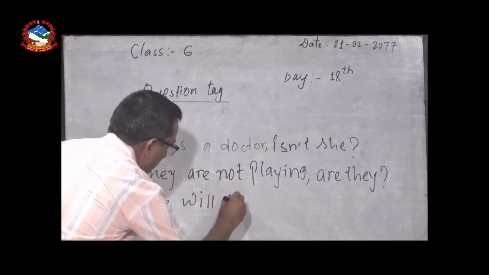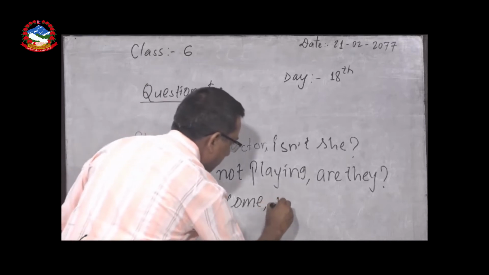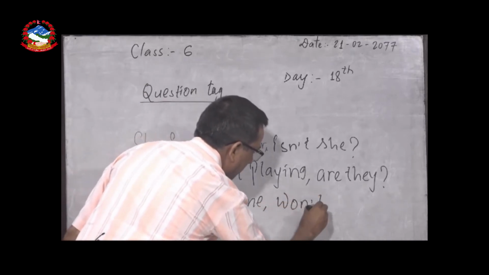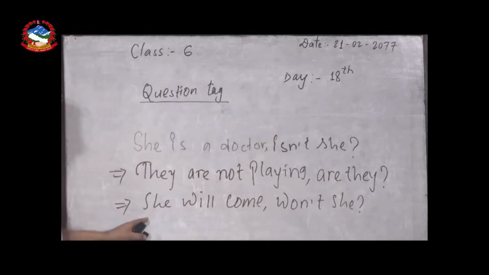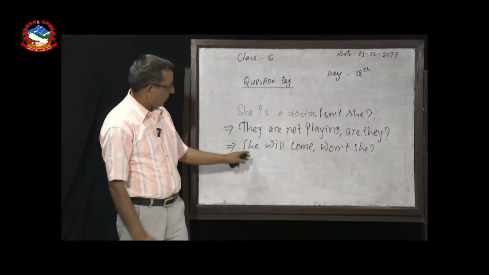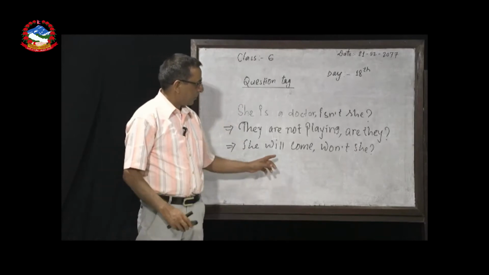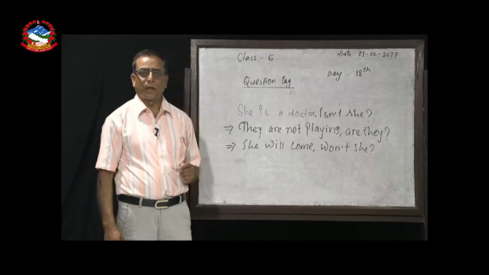She will come. In another sentence, let's see here on the whiteboard. She will come, won't she?